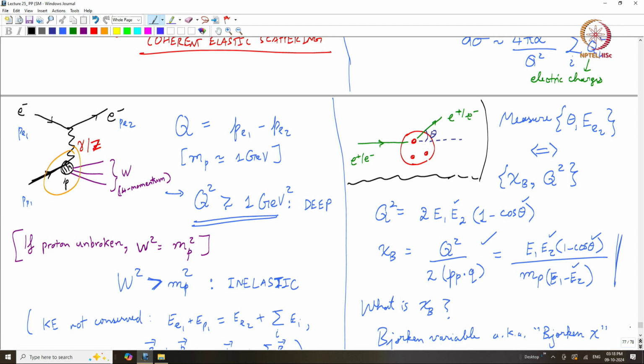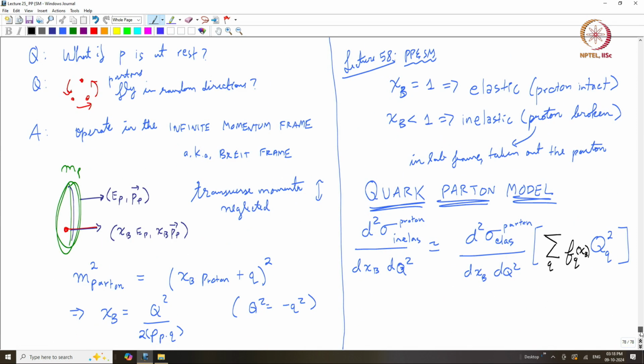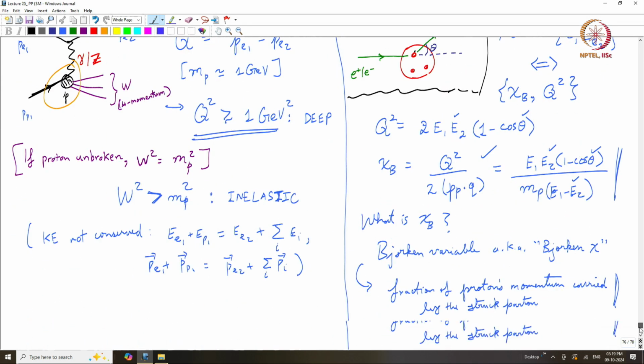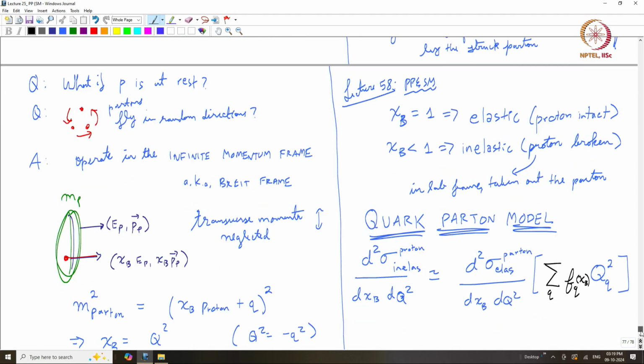Okay. So, the inelastic scattering is basically the sum of elastic scatterings on all of these partons, right. There are 3 quarks. So, think of the summation over just those 3 quarks, okay, for now. We will see there is more to it, but you are scattering on those constituents, and so it is an elastic scattering cross section.